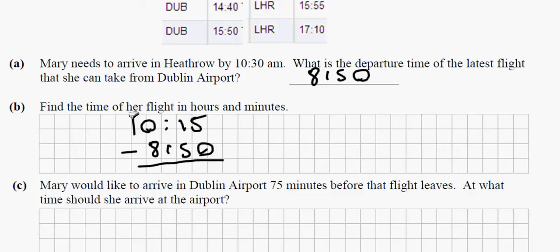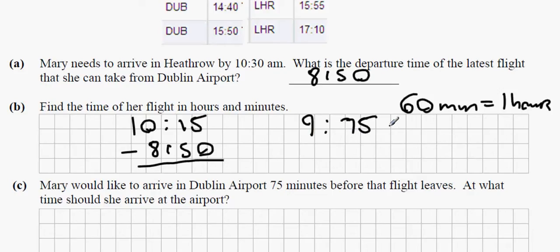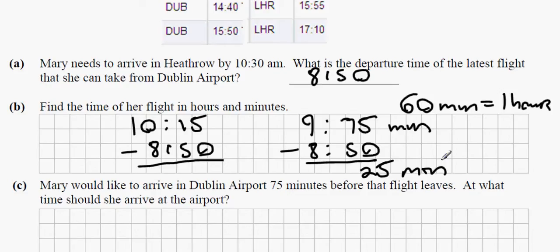Remember, there's 60 minutes in 1 hour. So what we can say is that 10 hours 15 minutes is the same thing as 9 hours 75 minutes. Take away 8:50, and what we're going to get is 75 minus 50 is 25 minutes, and 9 minus 8 is 1 hour. So 1 hour 25 minutes.